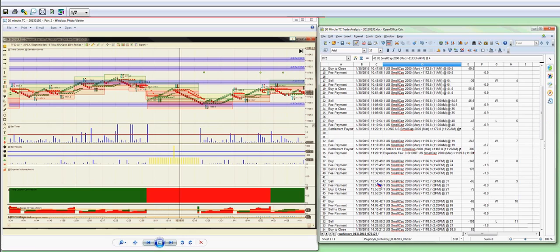Okay, so we're halfway through the 20 minutes. He sold it at 69. Now he bought it. Bought it at 69. No, he sold it. He sold it at 69. He jumped early on that one.